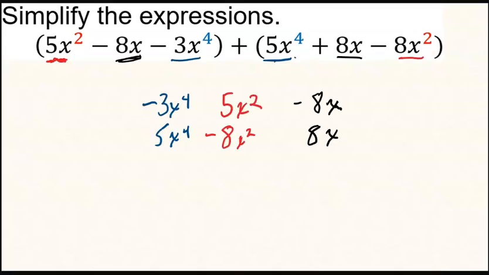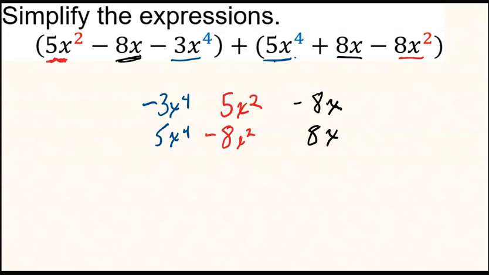So let's clarify that. I stacked my like terms based on color and in exponential order. So you will see that I have 3x to the fourth color-coded blue, and I put those two together. I put the negative 3x to the fourth and the positive 5x to the fourth on top of each other. I then took the red 5x squared with the negative 8x squared and piled them up on top of each other, and then the negative 8x and the positive 8x I put last.